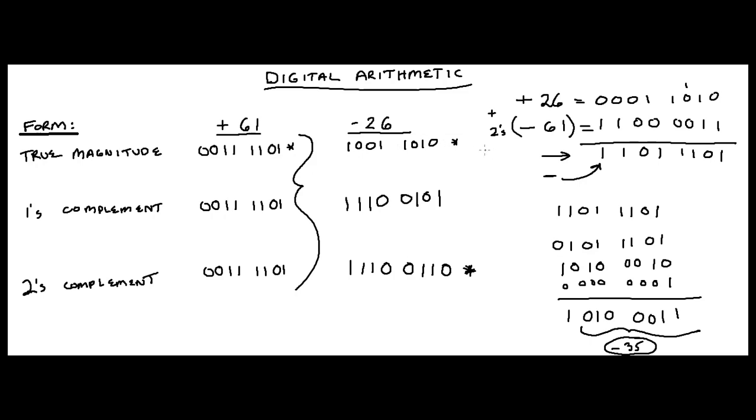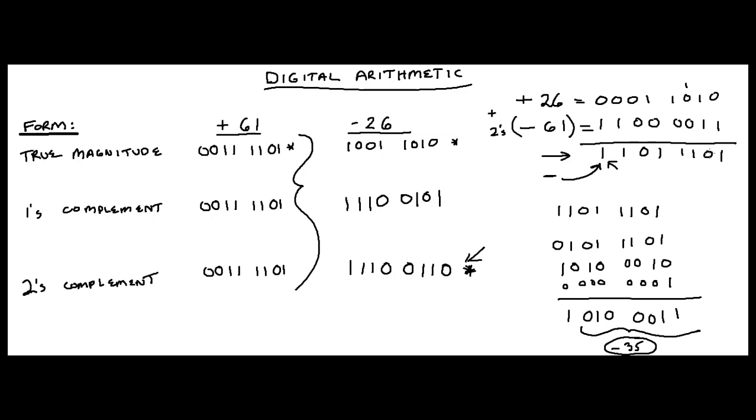If they're negative, you're going to have to convert that negative number into 2's complement. You perform the addition operation.